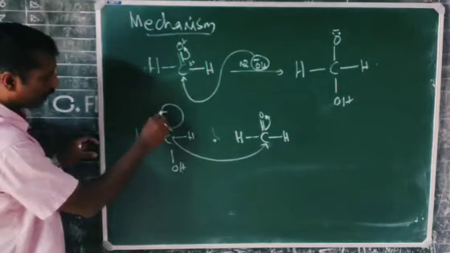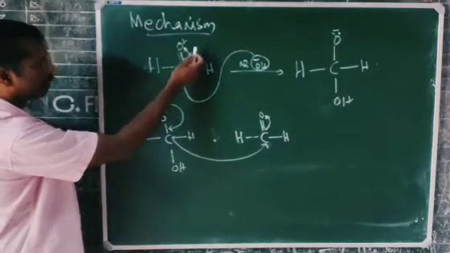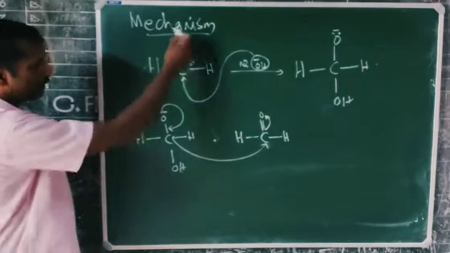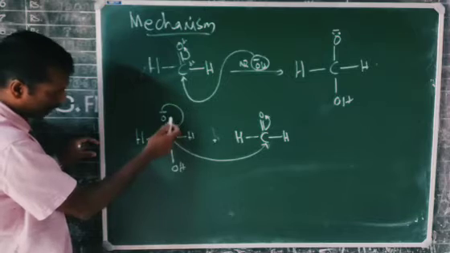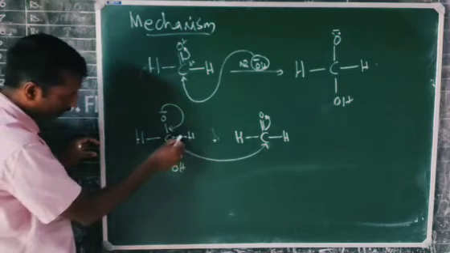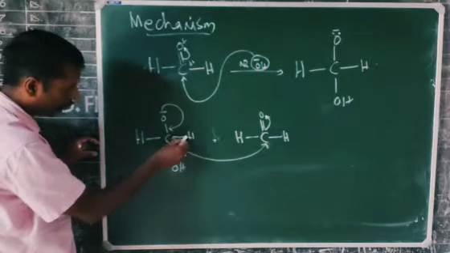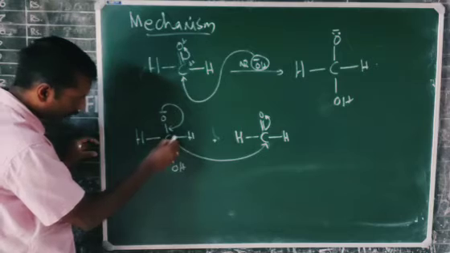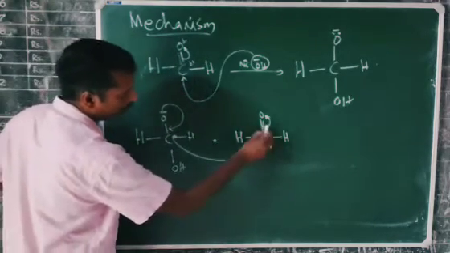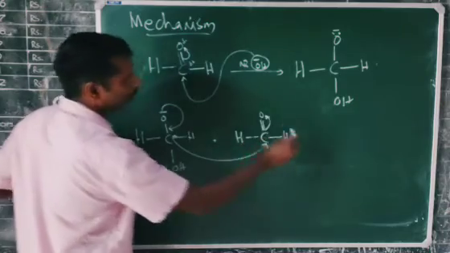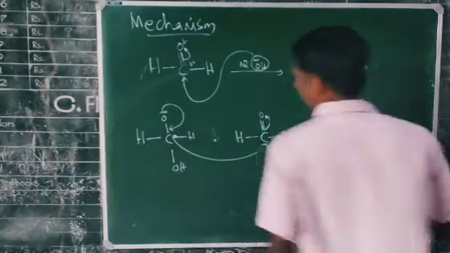When this pair of electrons, which in the first case went to oxygen, is coming back, it will again become a double bond here. That time this CH bond breaks from carbon, and this hydrogen is attaching to this carbon. That time this bond is shifting to oxygen, so you get a structure like this.